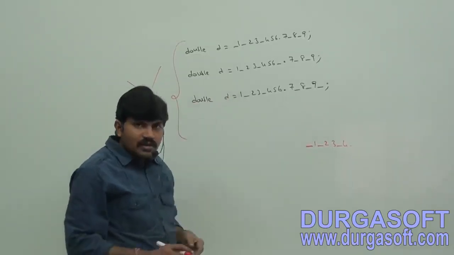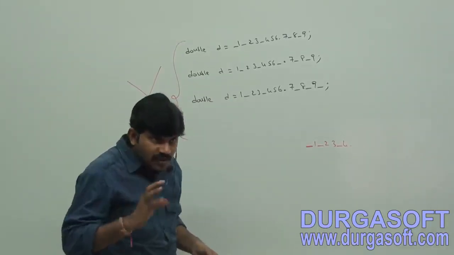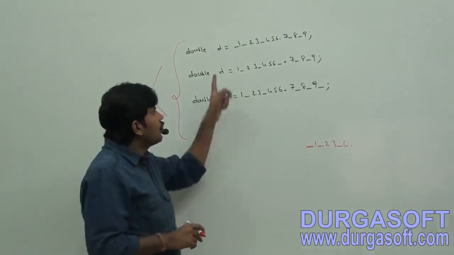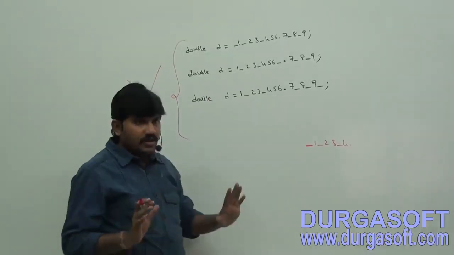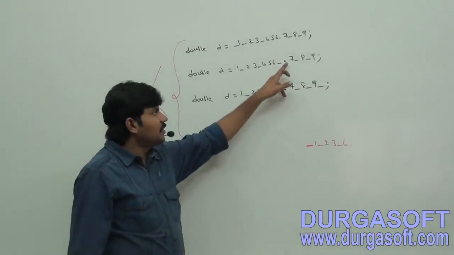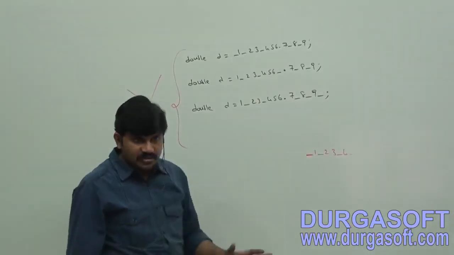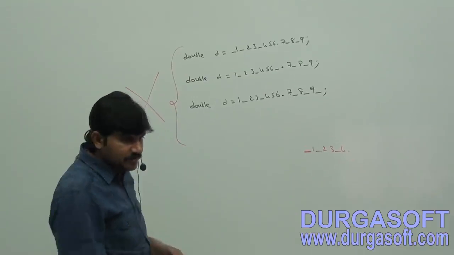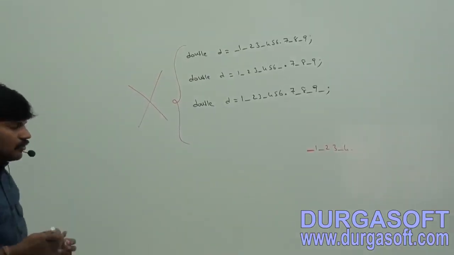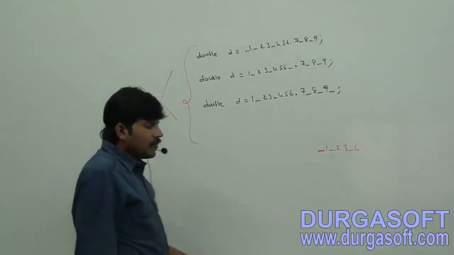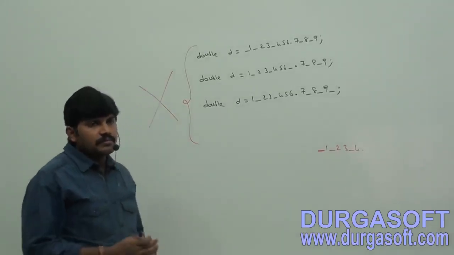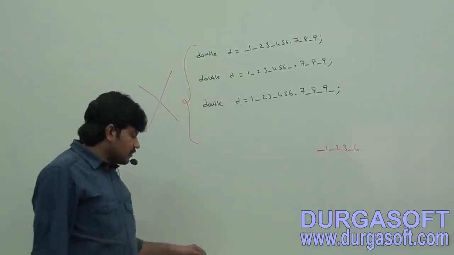That's why we can use underscore symbol only between the digits. We can't use it anywhere else. At the beginning, at the end, or between decimal point and digit is waste, nothing but compile time error, right? We can use underscore symbol only between the digits.